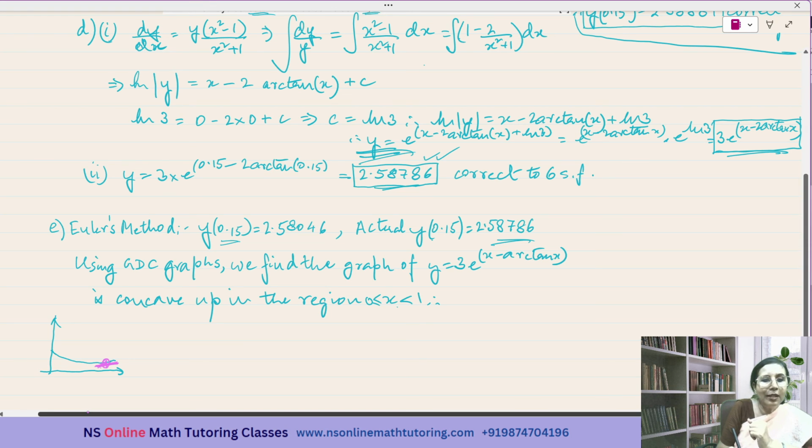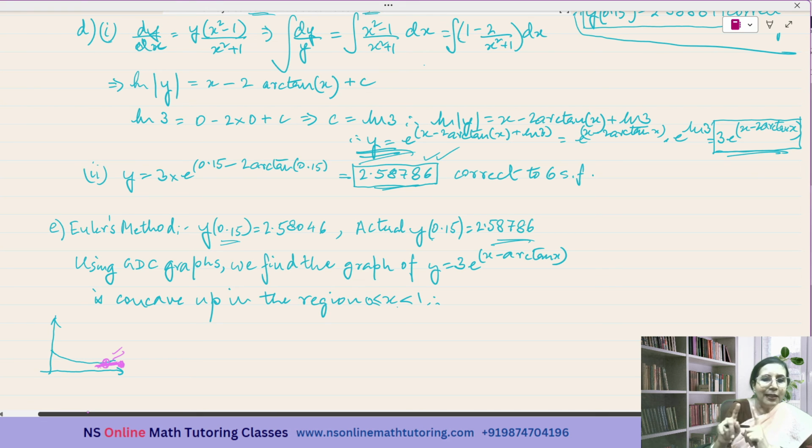Then we are going to the next point of this tangent line by adding the step length. So I will be coming to this point, maybe over here, but the original graph is moving up. But I am coming to this point because I am moving along the tangent line.